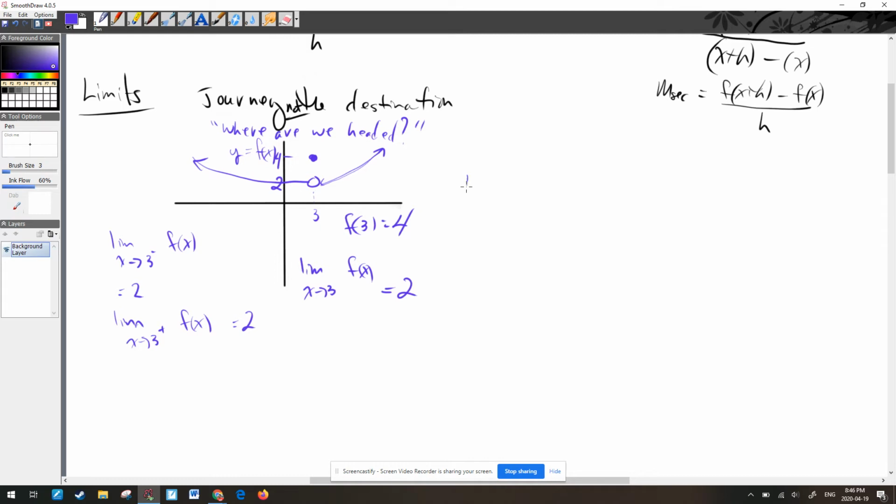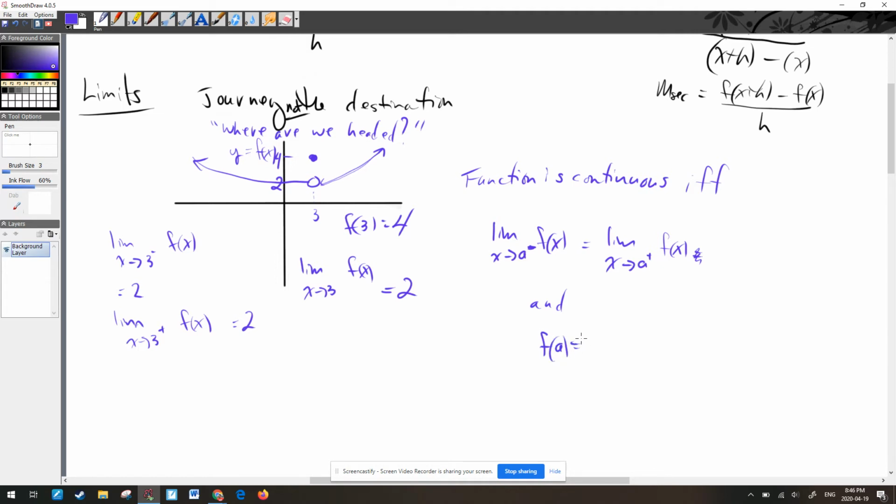And we said that a function is continuous if and only if the limit as x tends to a of f at x from the left is equal to the limit as x tends to a from the right of f at x, and that is actually equal to f at a.